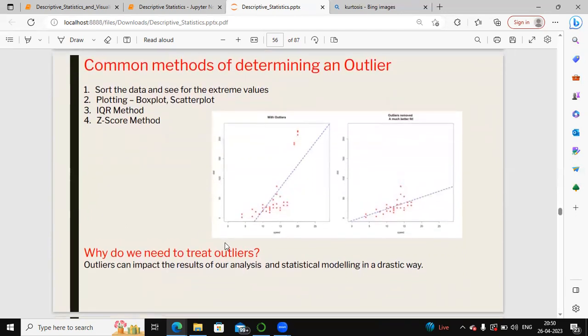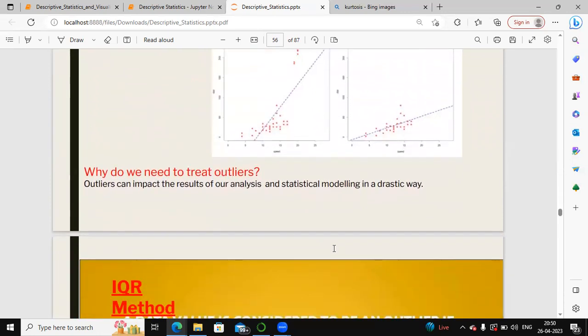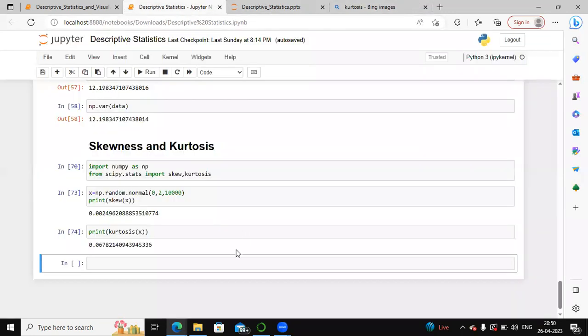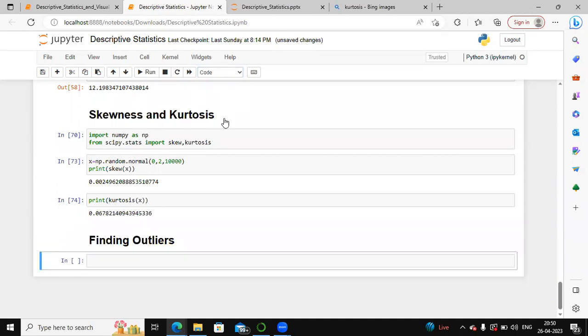Now, why do we need to treat outliers? Outliers can impact the result of our analysis and statistical modeling. Okay, so let's see how we can deal with outliers. This part is finding outliers.